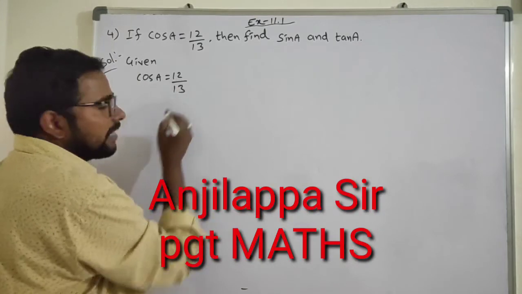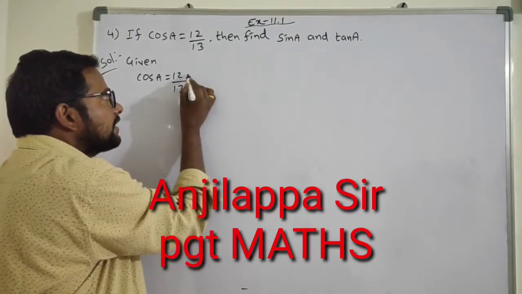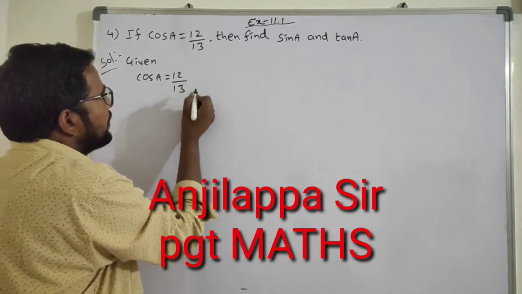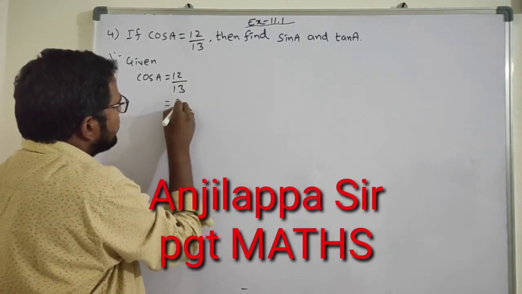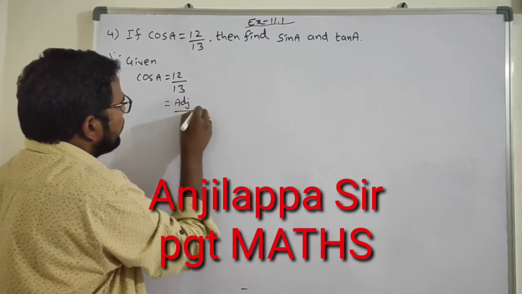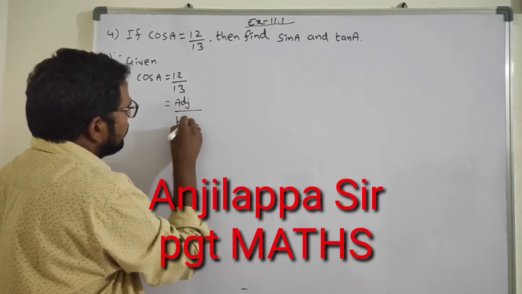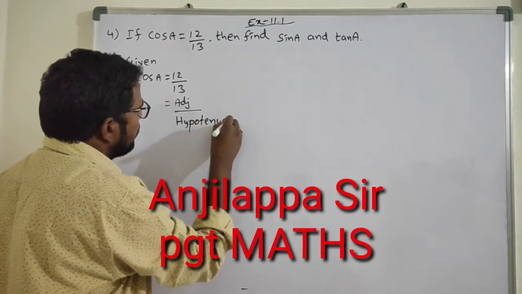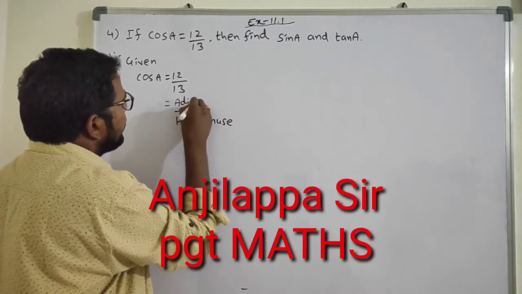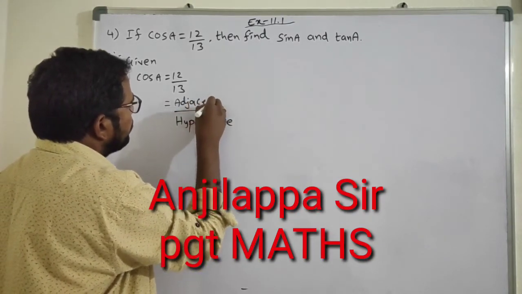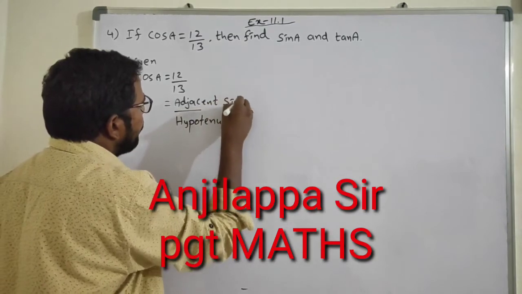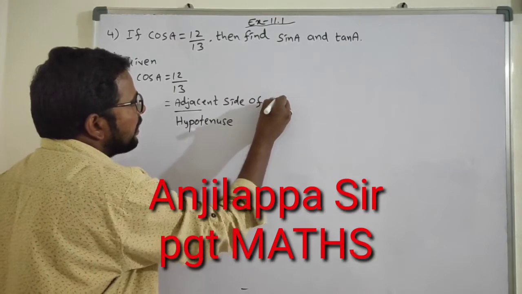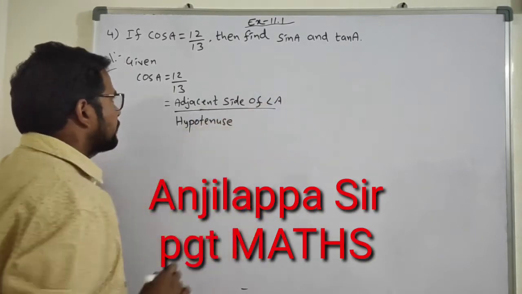So this is given cos, this is adjacent and this is hypotenuse. Cos A is adjacent side of angle A by hypotenuse.